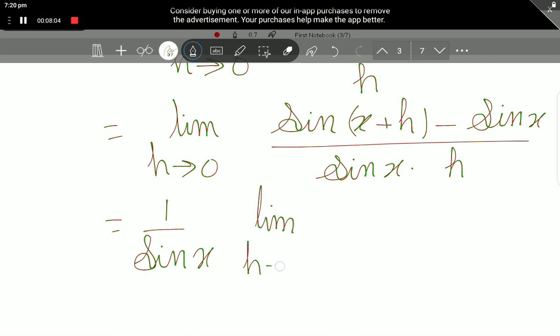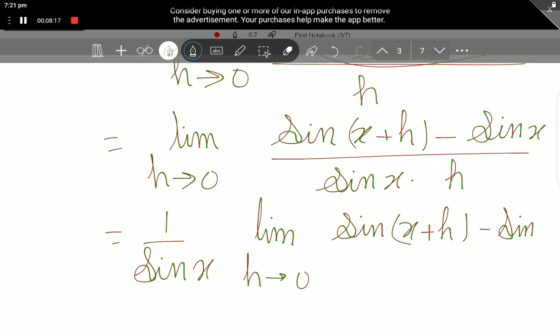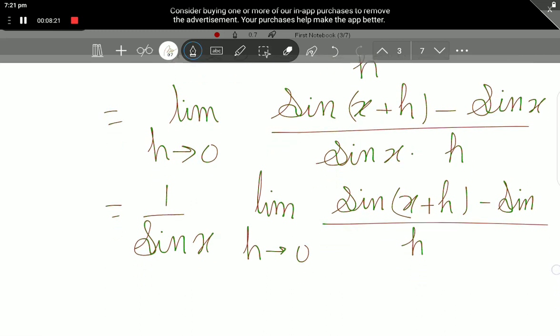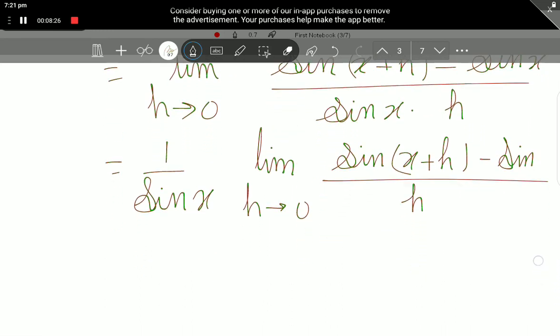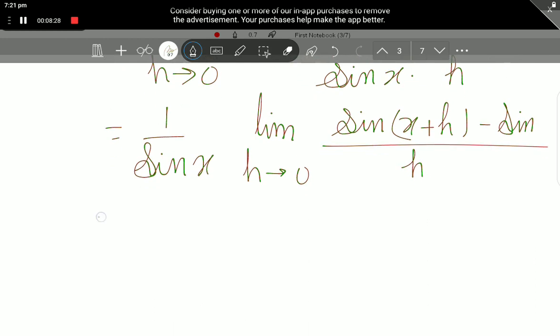Limit h tends to 0, sin of x plus h minus sin x, divided by h. Now this can be written as 1 by sin x.